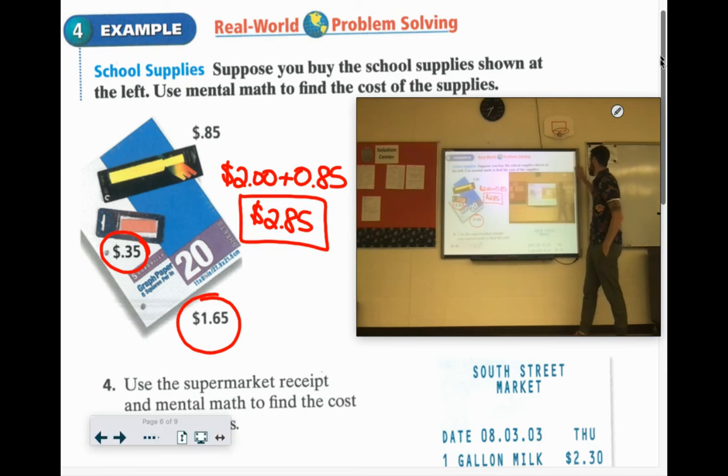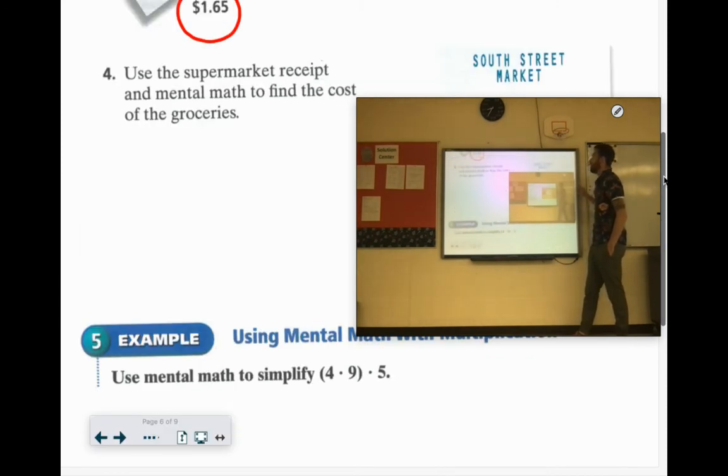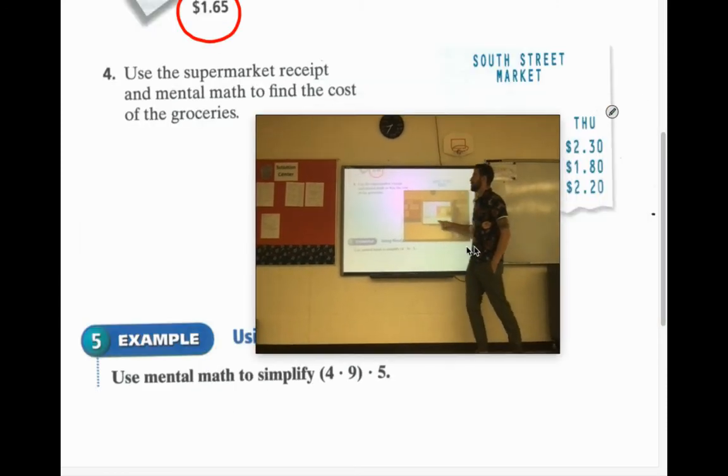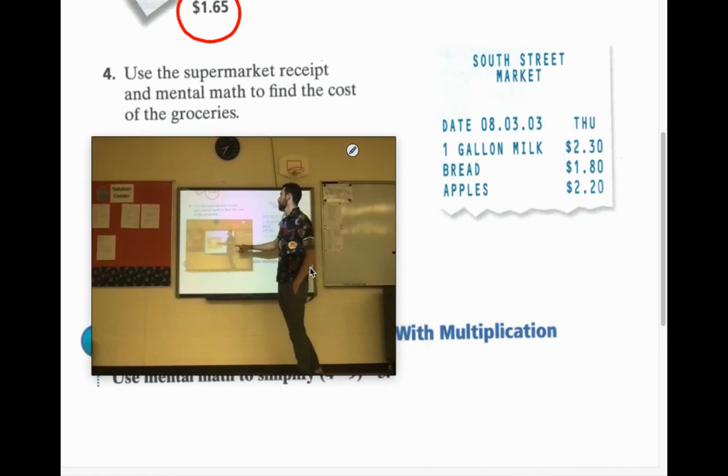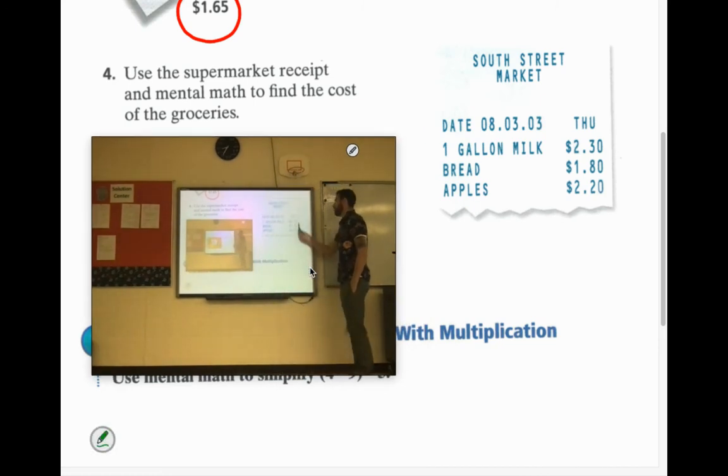Okay, I can't scroll down. There we go. Use the supermarket receipt and mental math to find the cost of groceries. All right, we got a gallon of milk, $2.30. We got bread for $1.80. Apples, $2.20. All right, I know 80 and 20 gives me 100, which is $1.